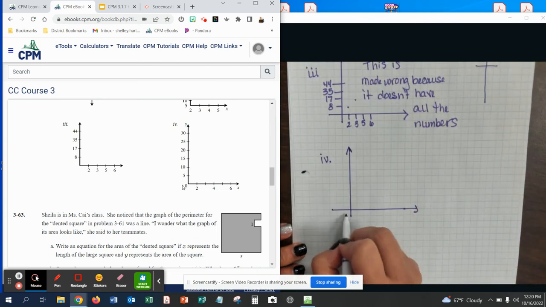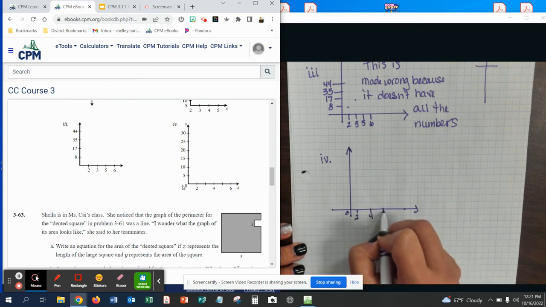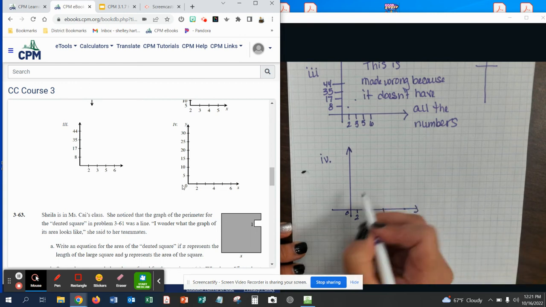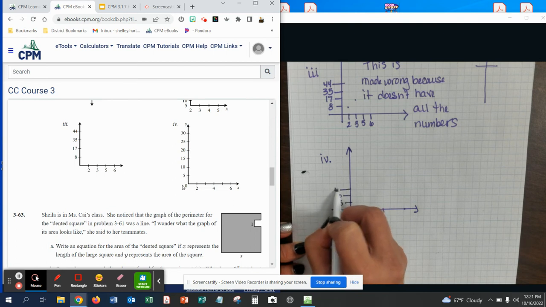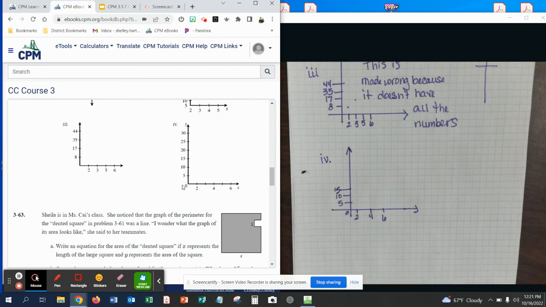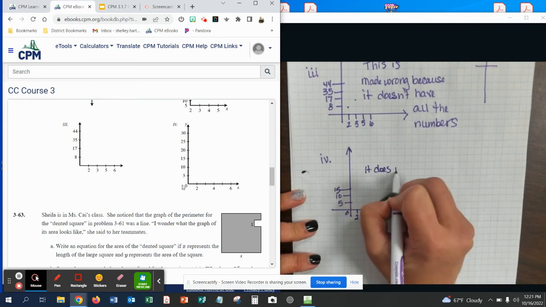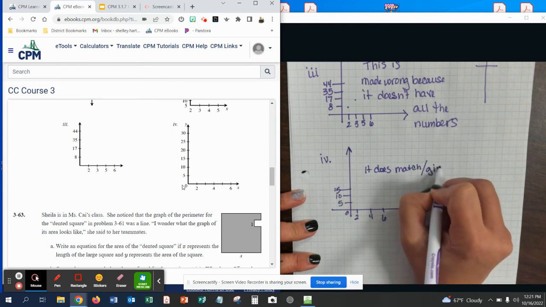And then they have 2, 4, 6, and then 5, 10, 15. Well, in this case, it doesn't match the table's numbers either.